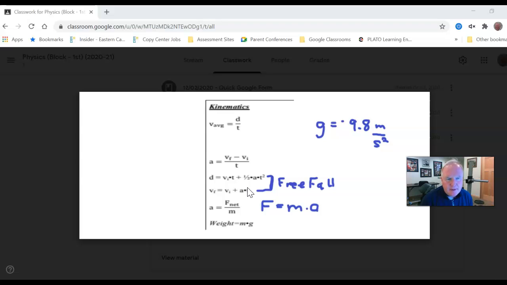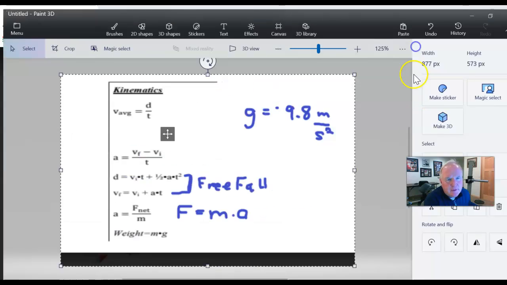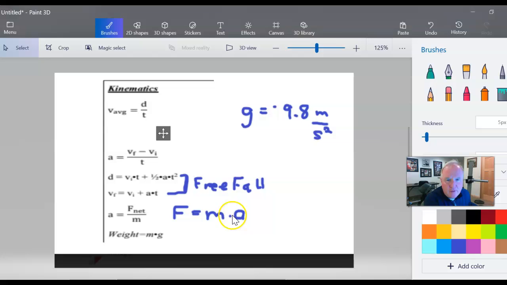The other problem that's really difficult is, remember we talked about how long will it take for something to get to the top of its path. And we use that vf equals vi plus at equation, and we use the trick. Remember that there was a trick that if we were asked to find how long it takes to get to the top of a path, the ball gets thrown up and comes down, right?